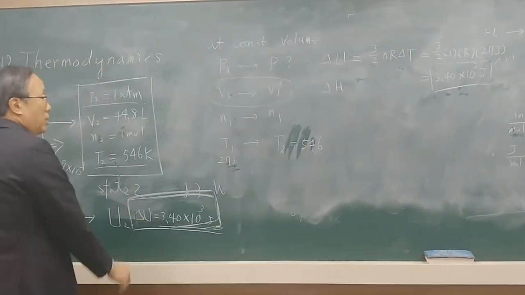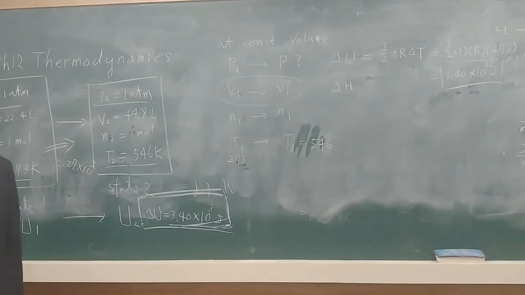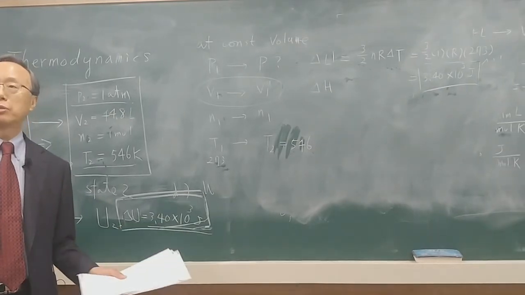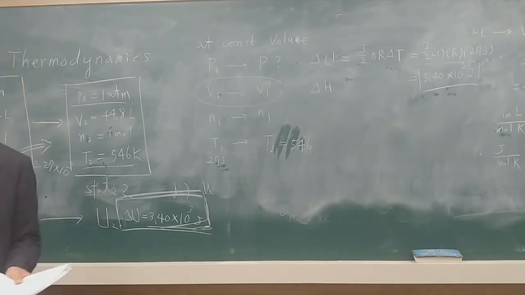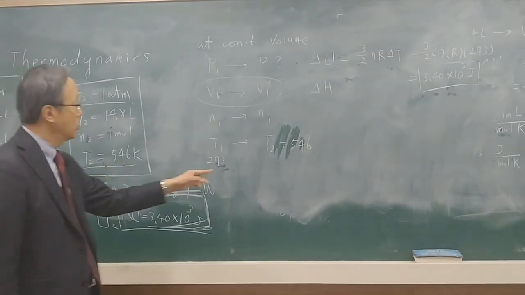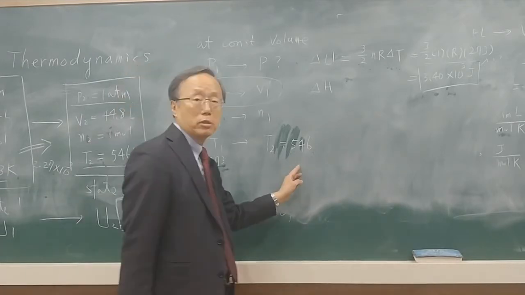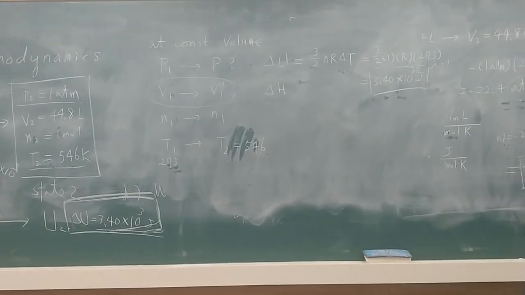In this case, delta U is the same, because delta U is what we call a state function. A state function depends on the initial state and the final state. In both pathways, the temperature changes from 273 to 546. Therefore, delta U is also the same.